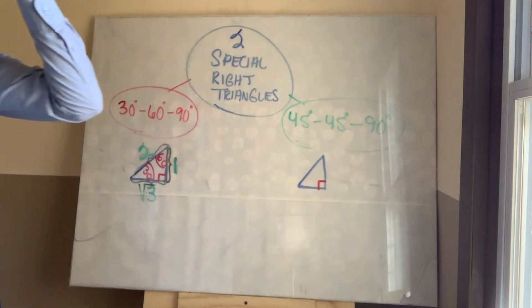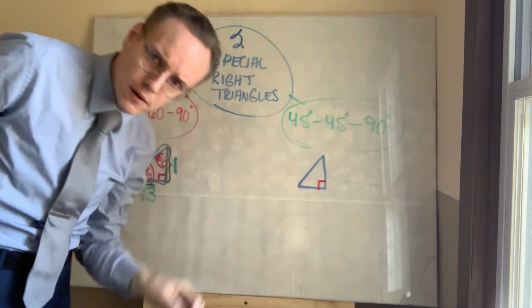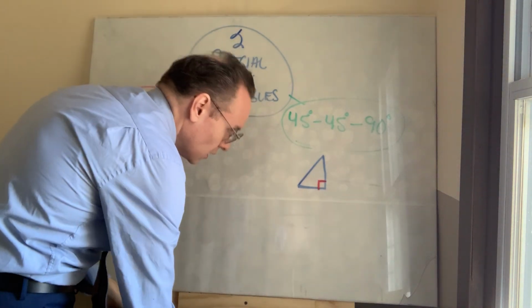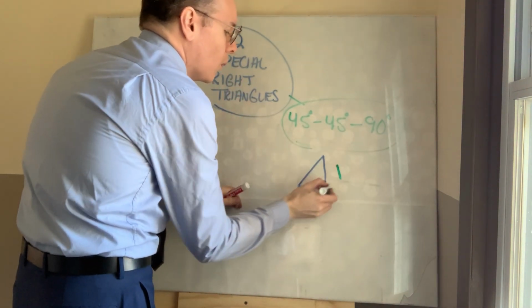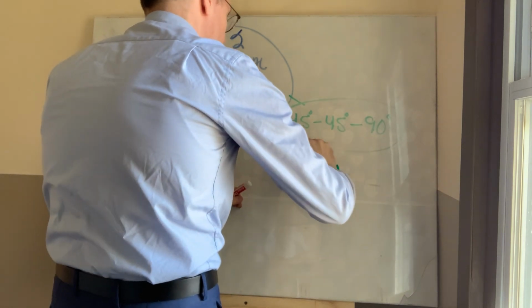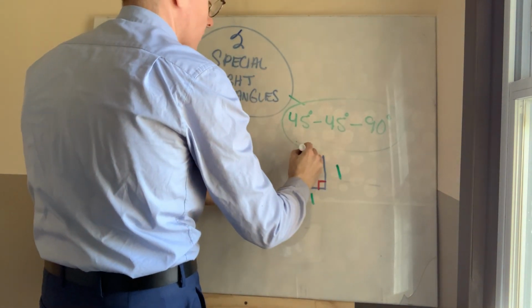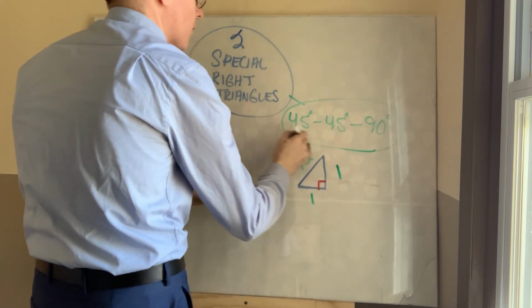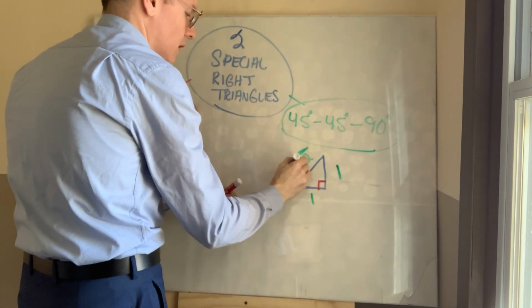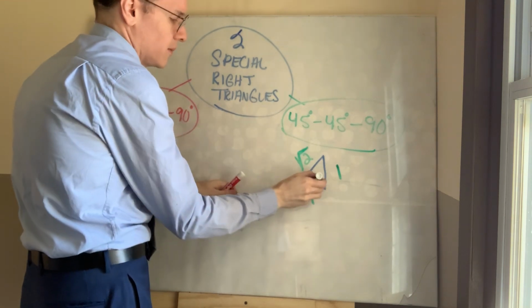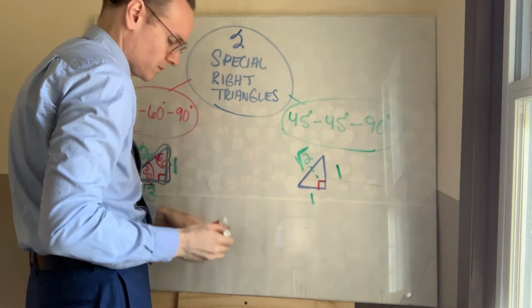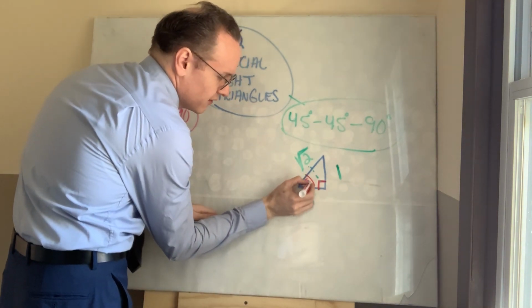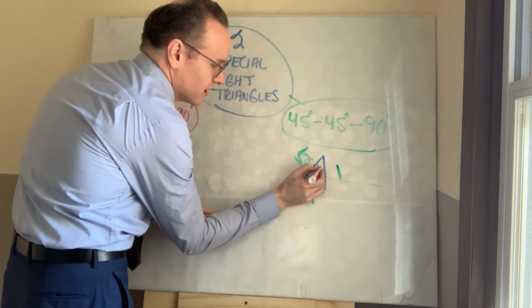If, on the other hand, you have the 45, 45, 90, these are the dimensions: 1, 1, and the square root of 2. The hypotenuse is the square root of 2. The insides of the triangle would be 45 here and 45 here.